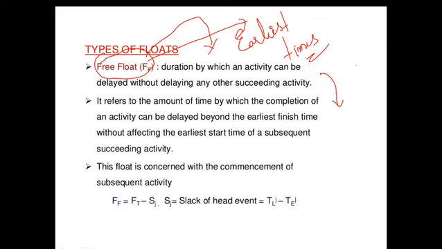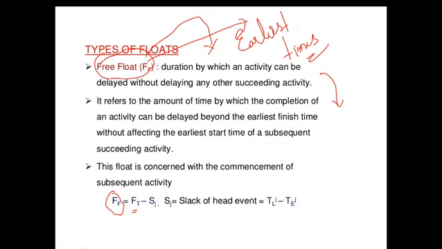So, the empirical formula is free float is equal to FT, total float, minus SJ. What do we mean by SJ? SJ is slack of head event, which is latest time minus earliest time.